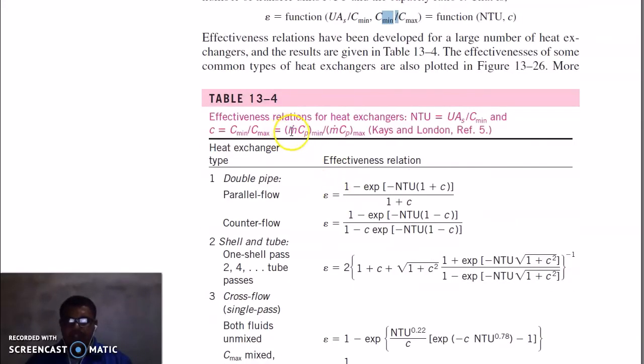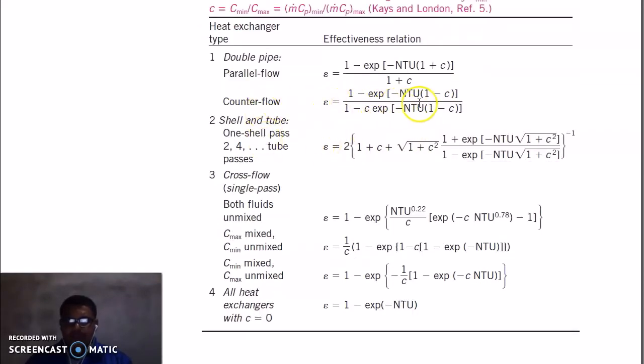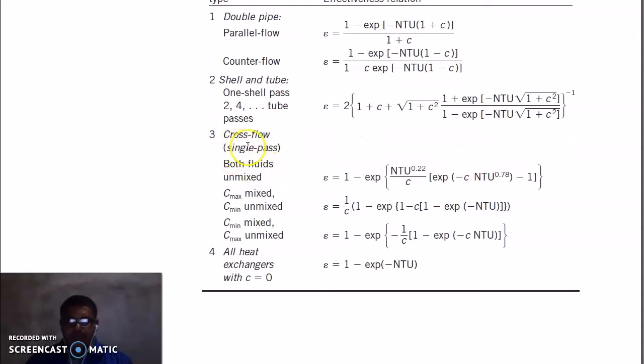So effectiveness relations for heat exchangers in terms of NTU and c are given here. This is for double pipe parallel flow. For counter flow, this is the effectiveness relation. For shell and tube, one shell pass and two tube passes, this is the effectiveness relation. And for cross flow, this is the effectiveness relation. So for different arrangements, the effectiveness is given.